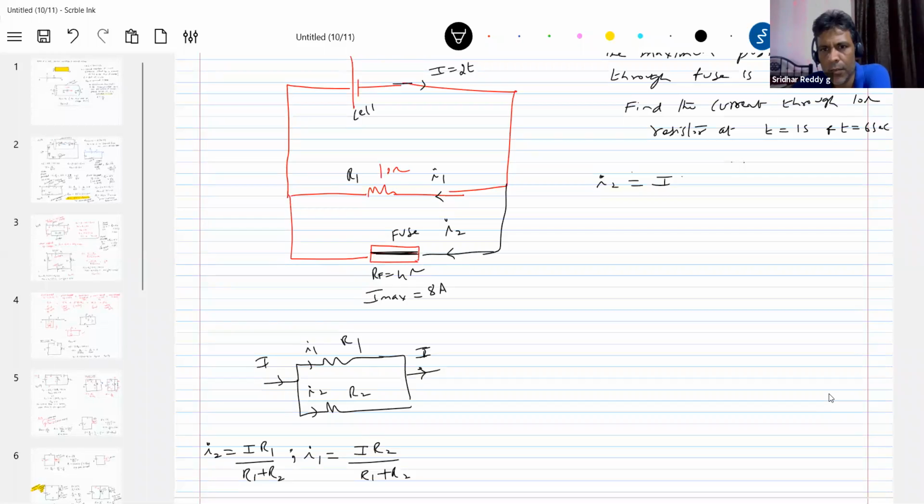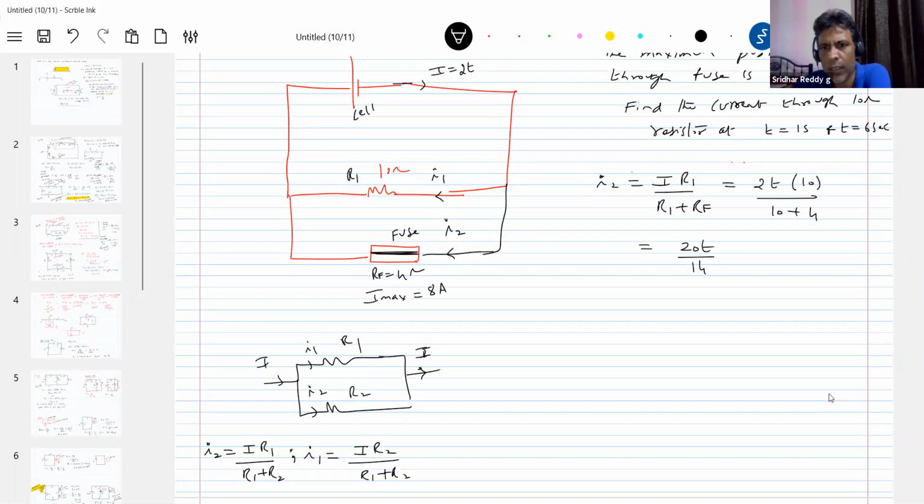So I2 can be written as I into R1 by R1 plus RF. This should be equal to 2t. R1 is 10, so this will be 10 plus 4.